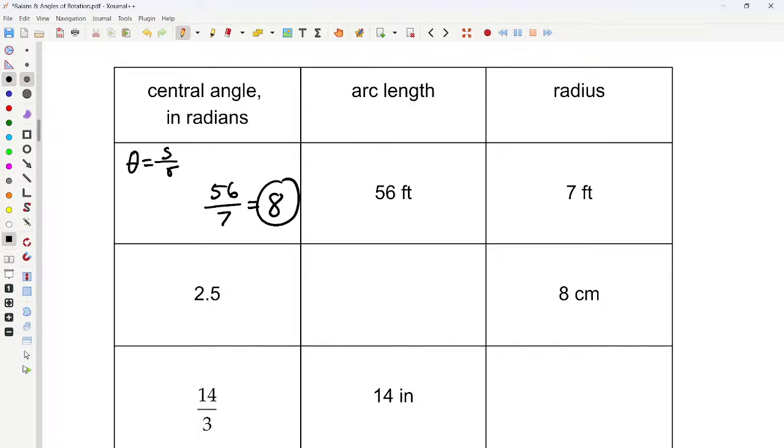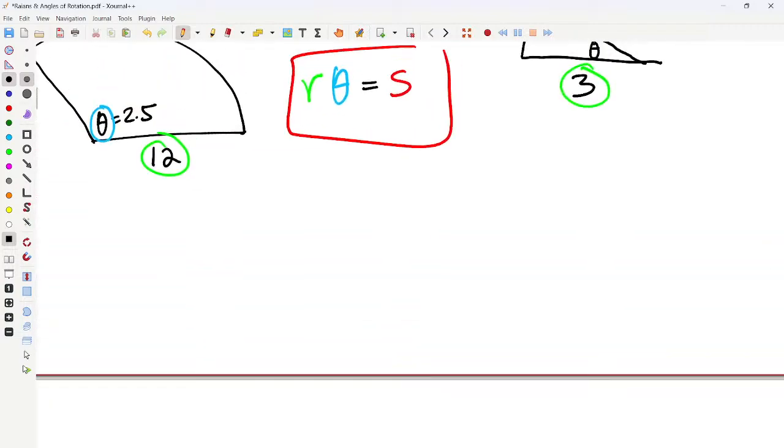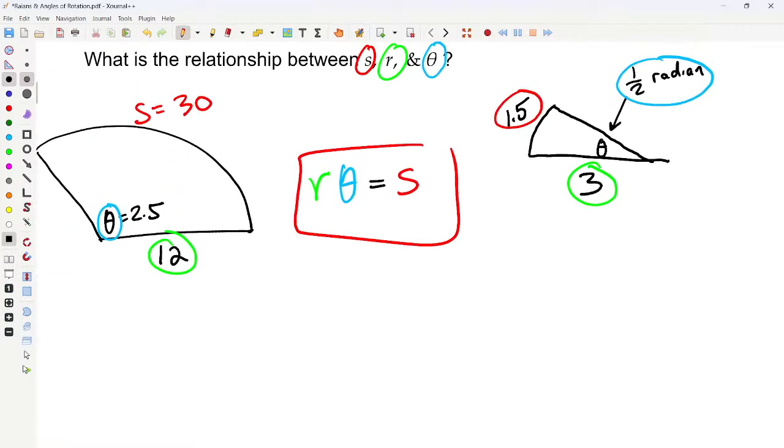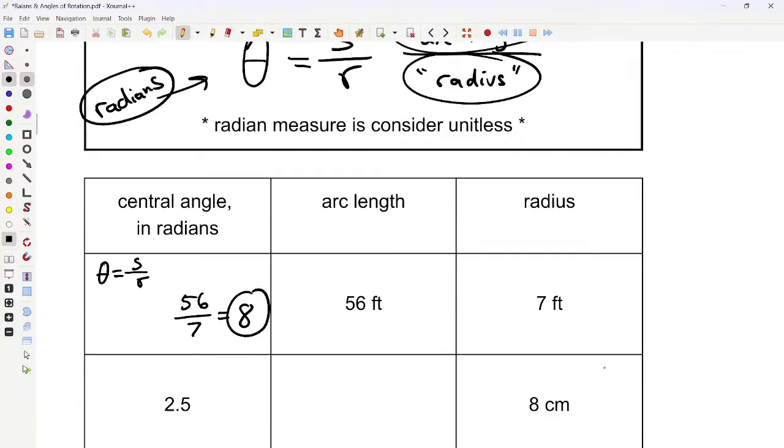Okay. Can we find arc length if we have these two pieces of information? Yeah, we can actually use what was claimed in class. S equals R theta. So if you like studying two formulas that are actually the same, go for it. I like studying one formula.